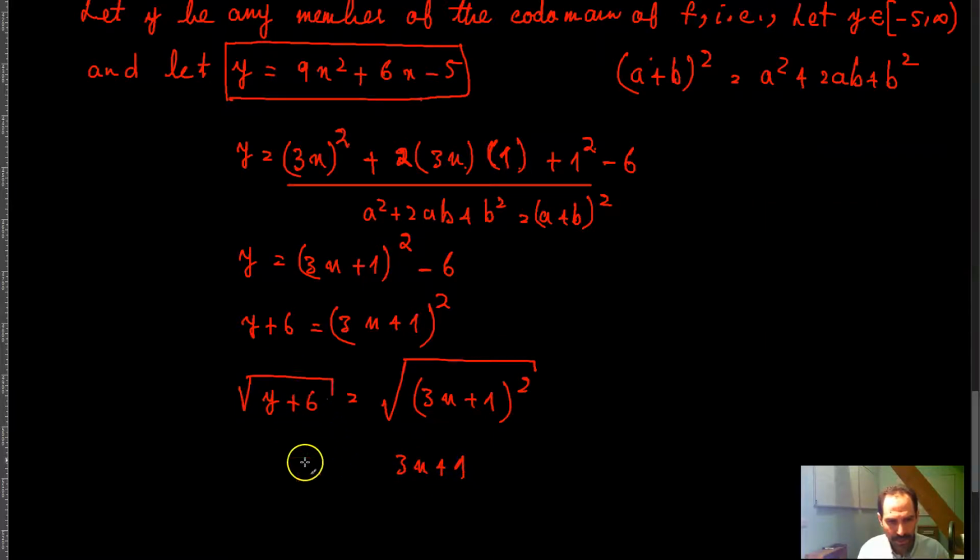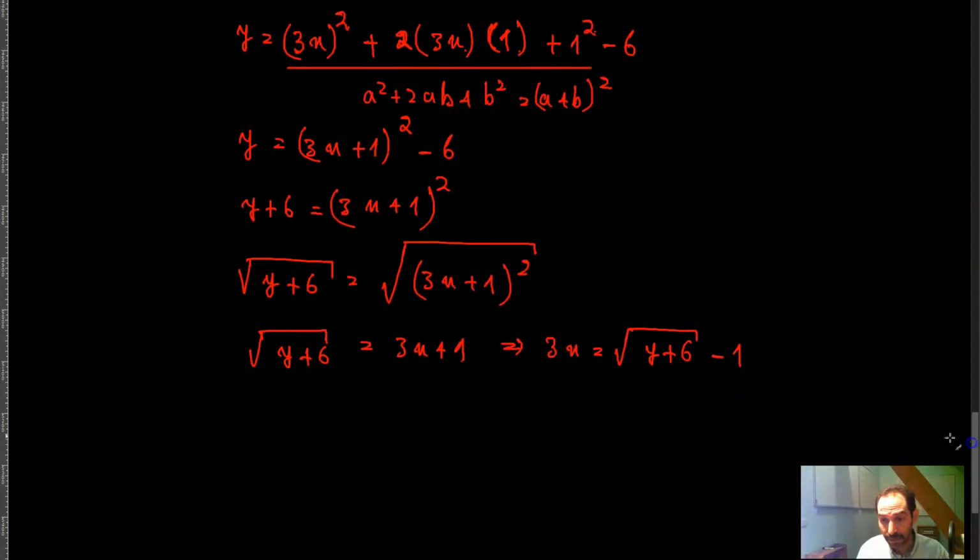And this becomes the square root of y plus 6. And again, in order to get to x, I write this as 3x is equal to the square root of y plus 6 minus 1, taking 1 to the other side. And so x is equal to (the square root of y plus 6 minus 1) divided by 3.